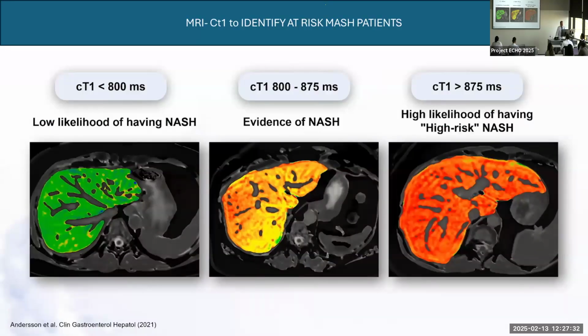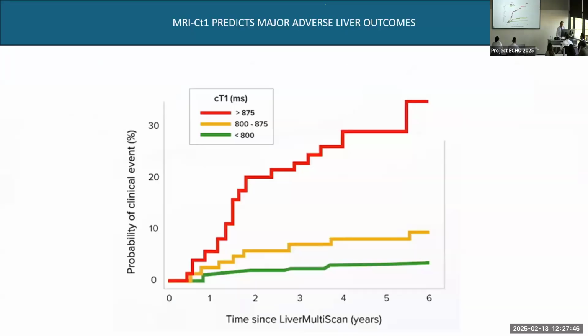We have another MRI, corrected T1 MRI. In that, we have a millisecond measurement, and if it gets higher than a certain number, then it is a high risk for NASH or MASH. So this also predicts MALOs, so it is very helpful.